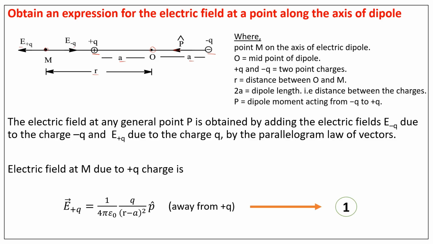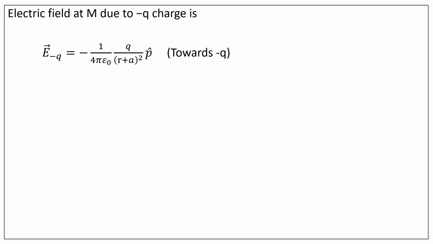Mark it as equation number 1. The electric field at M due to minus q charge is E minus q is equal to 1 by 4 pi epsilon naught into q by (r plus a) whole square into p cap. Mark it as equation number 2.